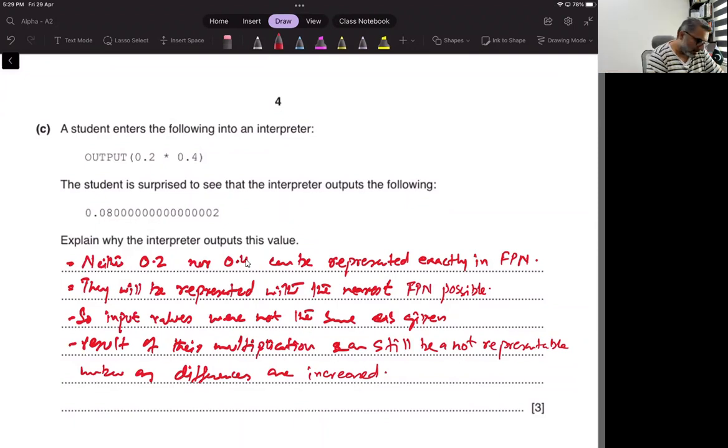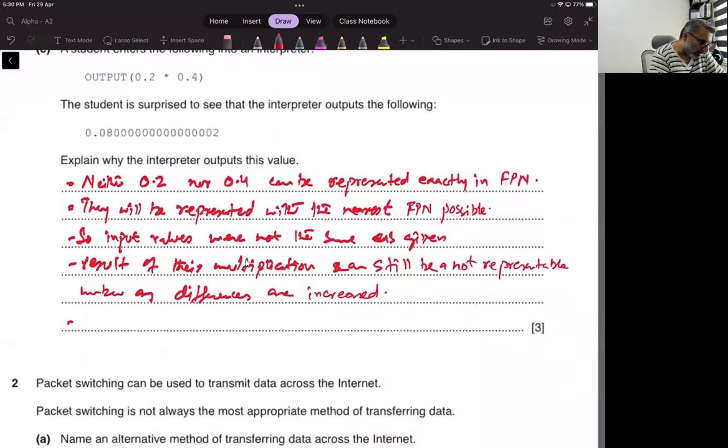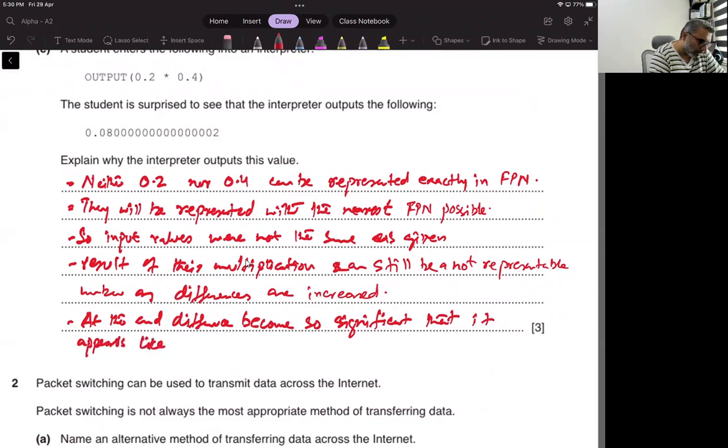Okay, and the difference becomes so significant at the end that it appears like the one given above.